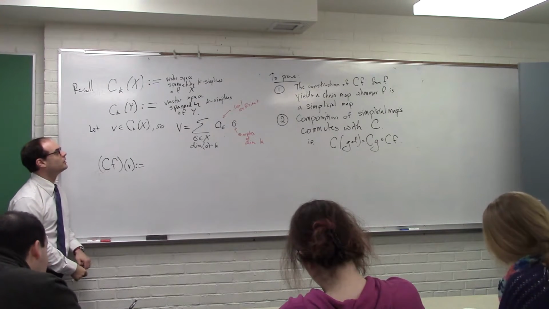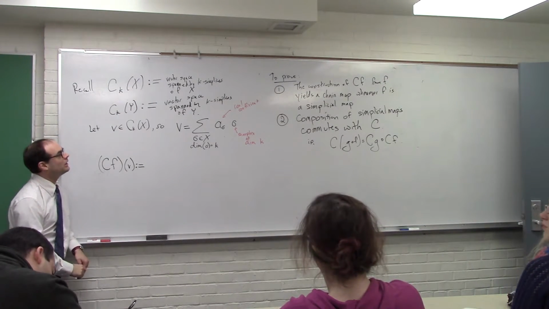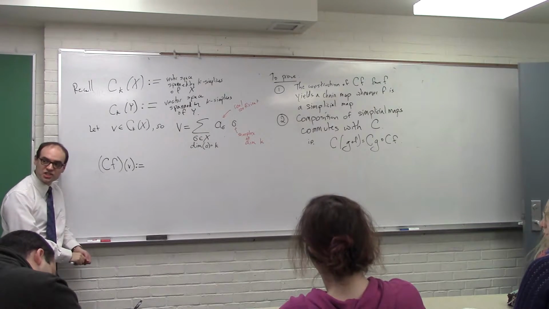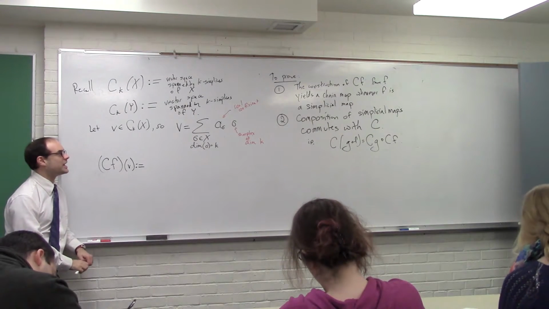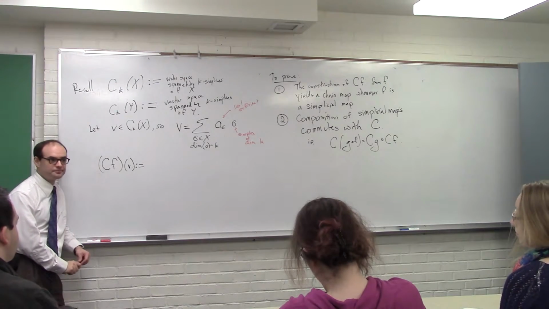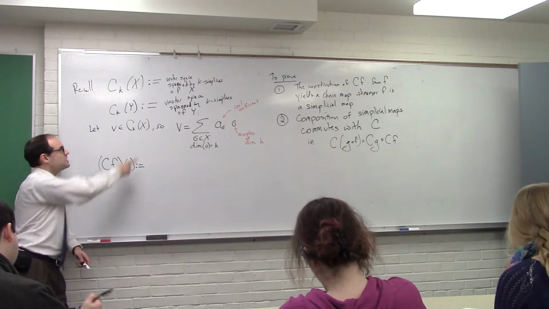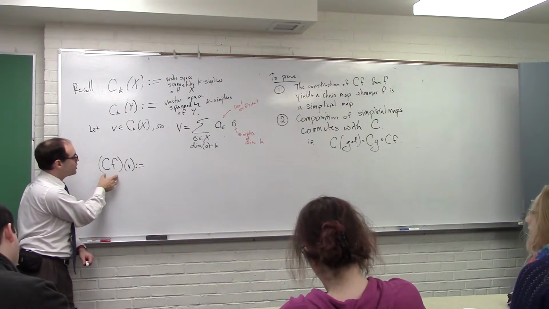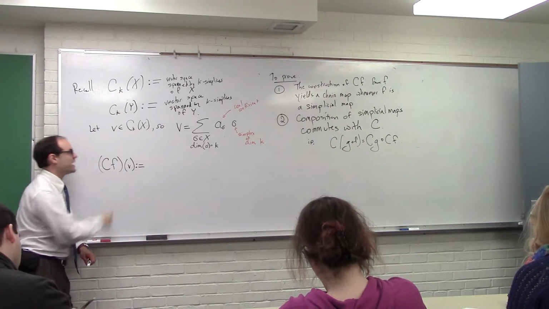Basically, the a's are the entries of my matrix, and the sigmas are the labels of either my rows or columns, depending on where I happen to be. Now I need to tell you what this purported map C F is going to do to this vector v.